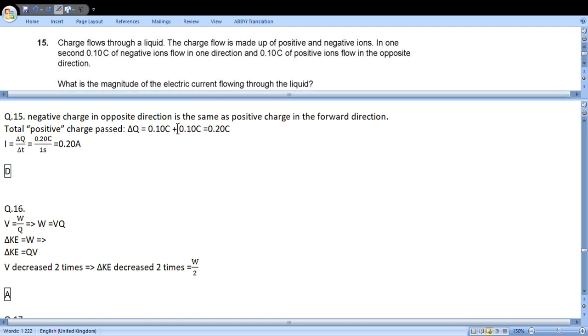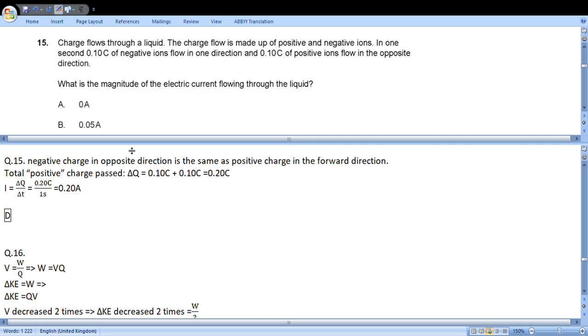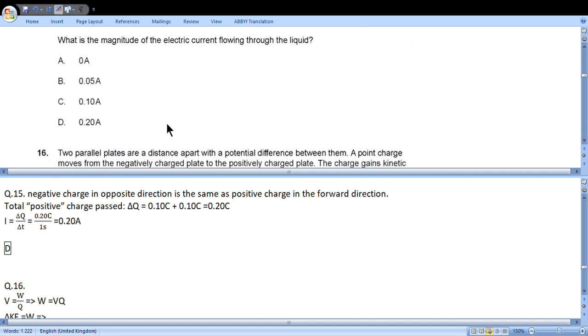Negative charge in the opposite direction is the same as positive charge in the forward direction, so the total positive charge passed will be these two charges added. Because it is in 1 second, we turn it into amperes by dividing by time. Charge by time gives us current. So we choose choice D, 0.20.